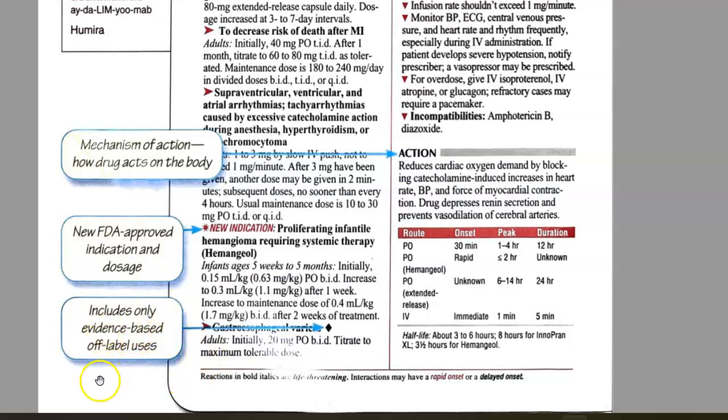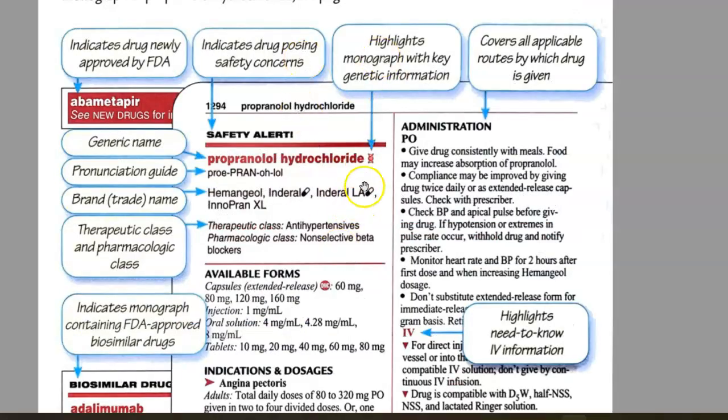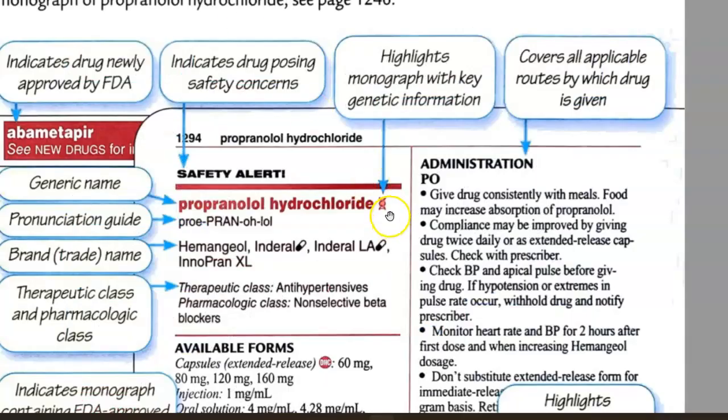So in addition to label uses, the typical use of the medication, if there's any off-label use that's approved or evidence-based, it will include it here. Oh, and if you can see this, let me make it a little larger. The symbol right here highlights a monograph with key genetic information. So if there's anything genetically that you need to know, it will be indicated here with this symbol.